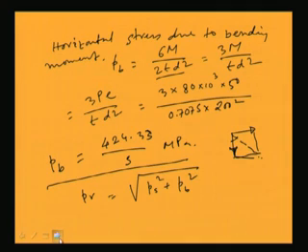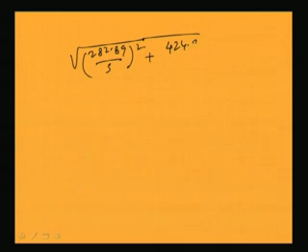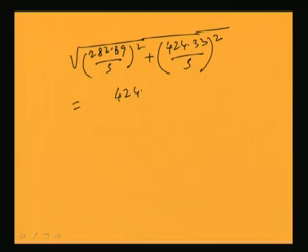So, if I calculate now, PS square is 282.89 by S square plus 424.33 by S square, right. So, after calculating this, we can find out the value as 424.33 by S MPa.